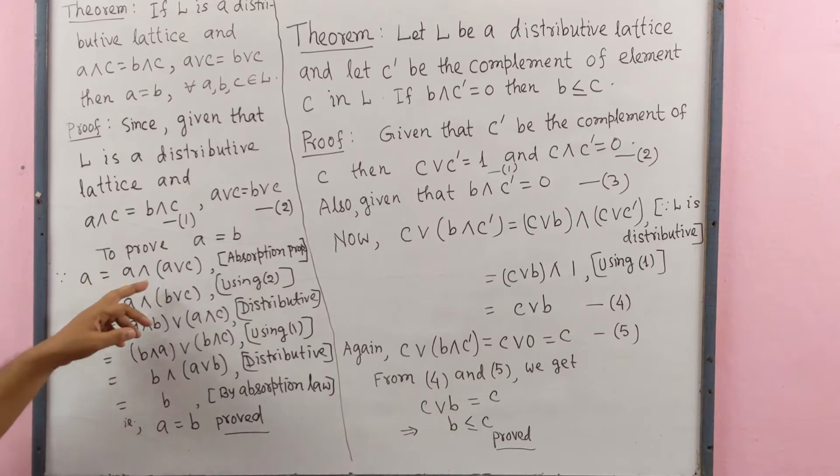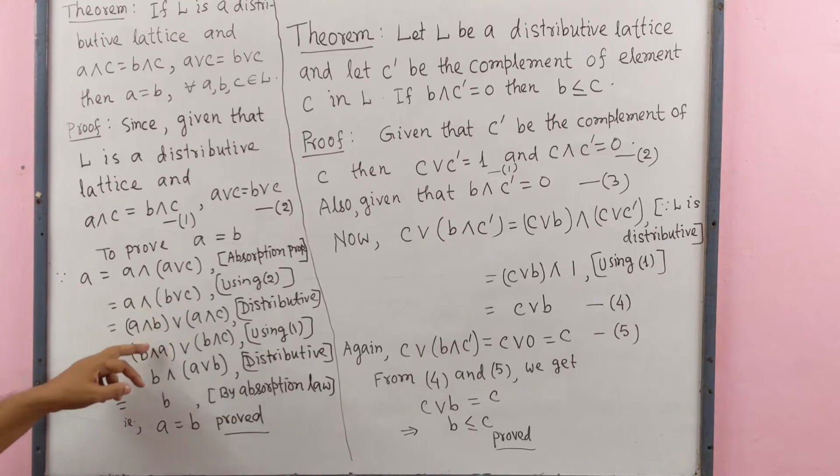By absorption property, we may write A equal to A meet (A join C). Given that A join C equal to B join C, in this place we write B join C. Now by distributive law, (A meet B) join (A meet C).